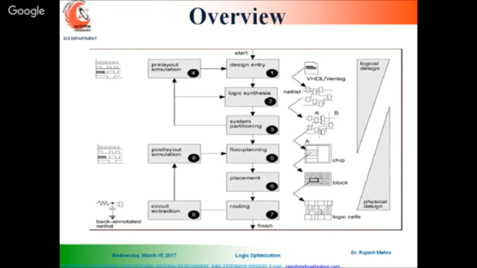How you partition your system comes under the category of HLS, high level synthesis, and how you synthesize your design comes under the category of logic synthesis. After this, the rest is again your complete design flow. You have to floor plan, as we discussed in our previous session, and based on the floor planning you place your design, and then you finally route your design for hardware implementation. So this is the complete overview of your design flow.